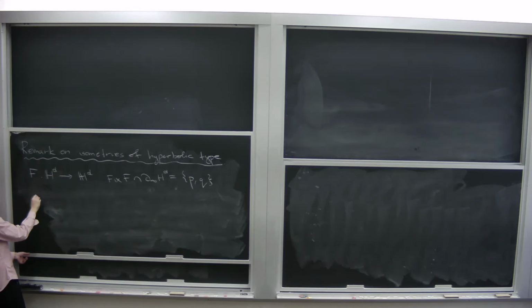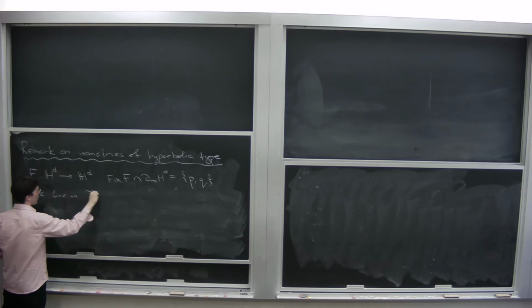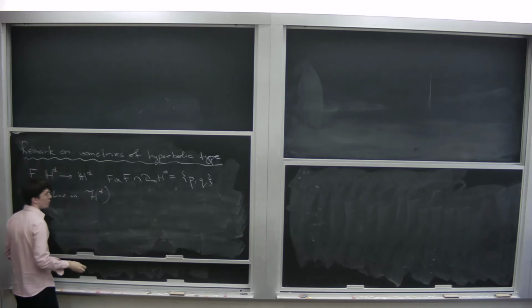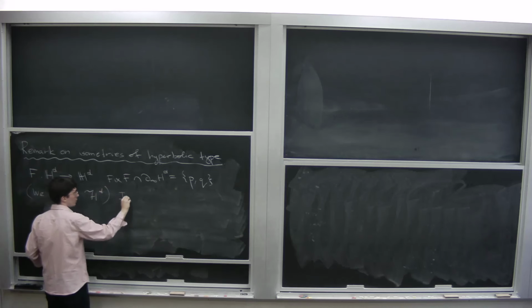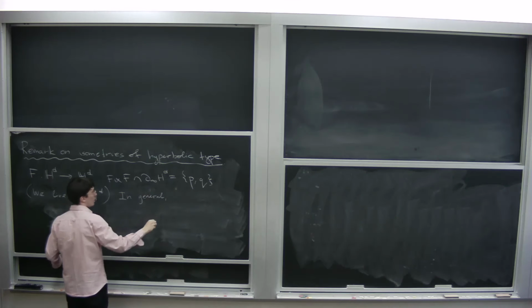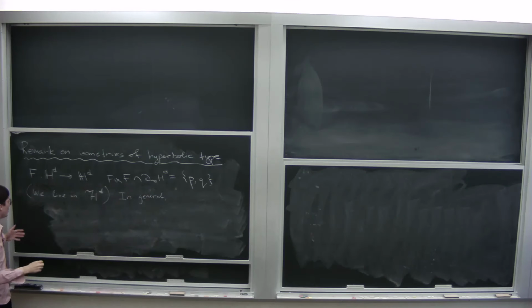So we consider the hyperboloid model. In general, the matrix of F can be written like that.